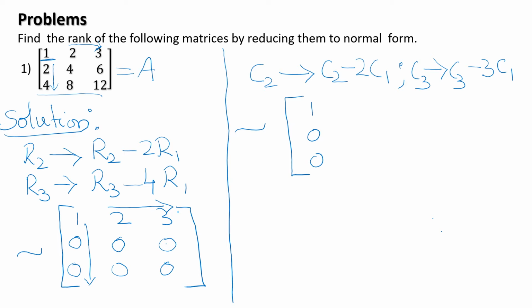For the second column the operation is C2 minus 2 C1. 2 minus 2 into 1, 2 minus 2 is 0. 0 minus 2 into 0 is 0. 0 minus 2 into 0 is 0.